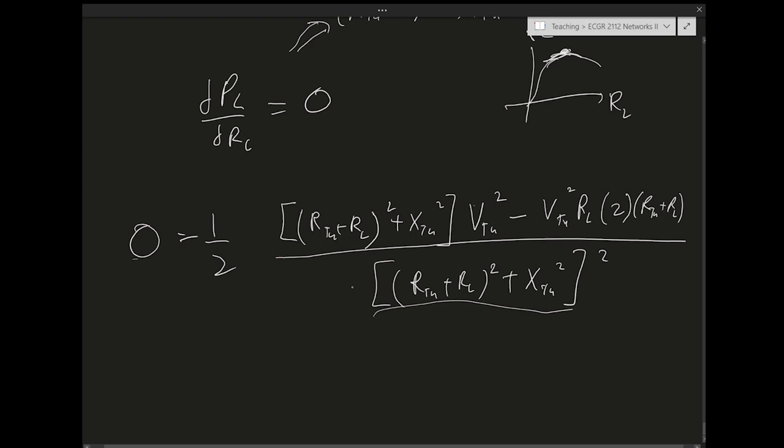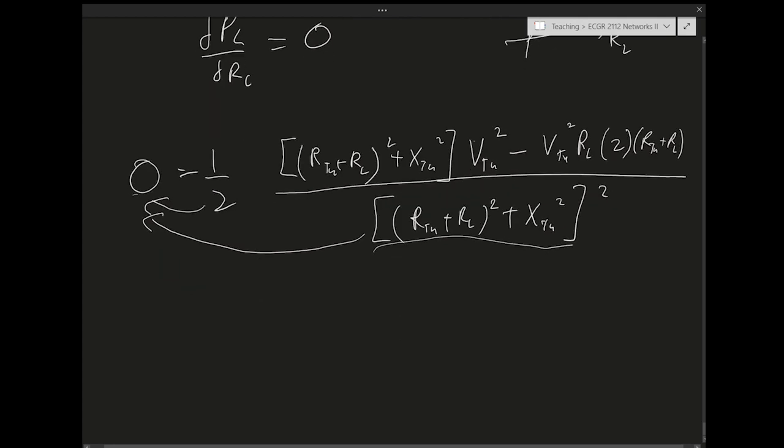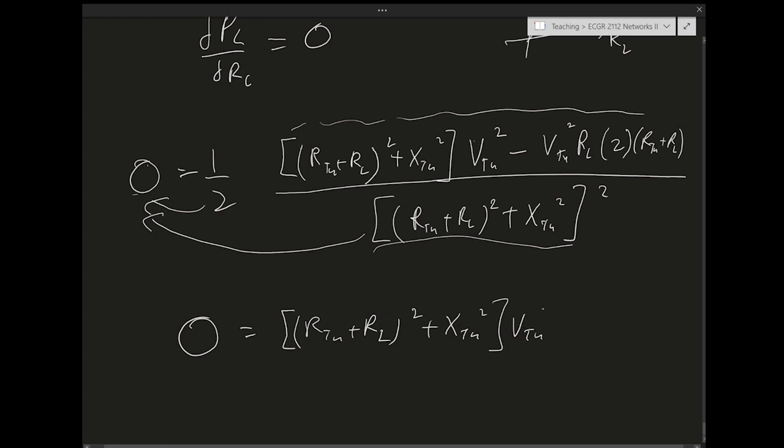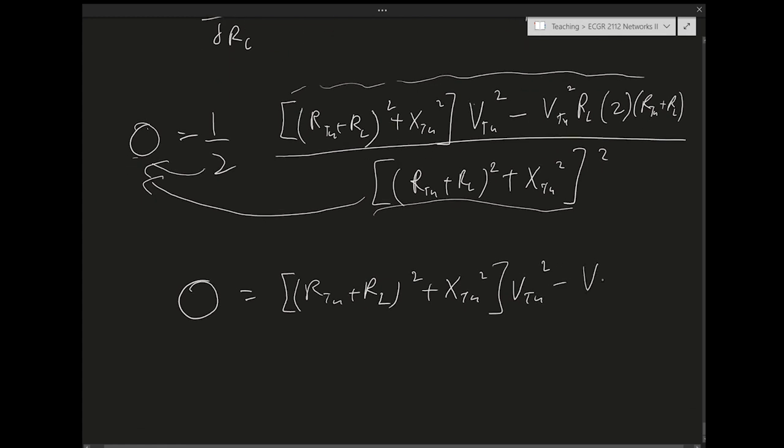It will go away. So send those two terms to the left-hand side, so they will be multiplied by 0, and I will end up with 0 equals this term, right? So I can say that 0 equals ((R Thevenin plus RL) squared plus X Thevenin squared) V Thevenin squared minus V Thevenin squared 2 RL (R Thevenin plus RL).